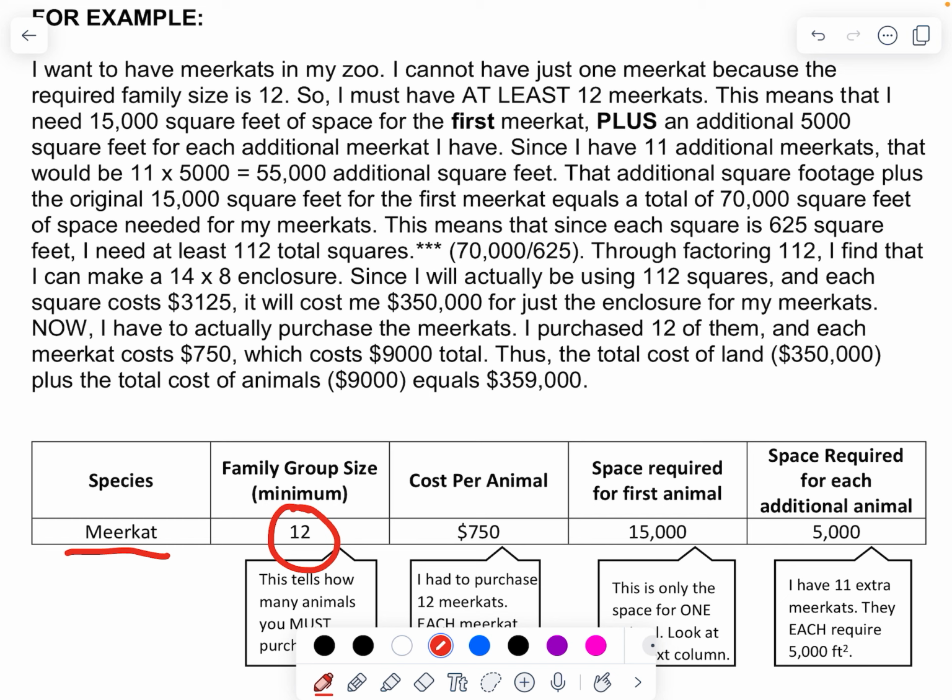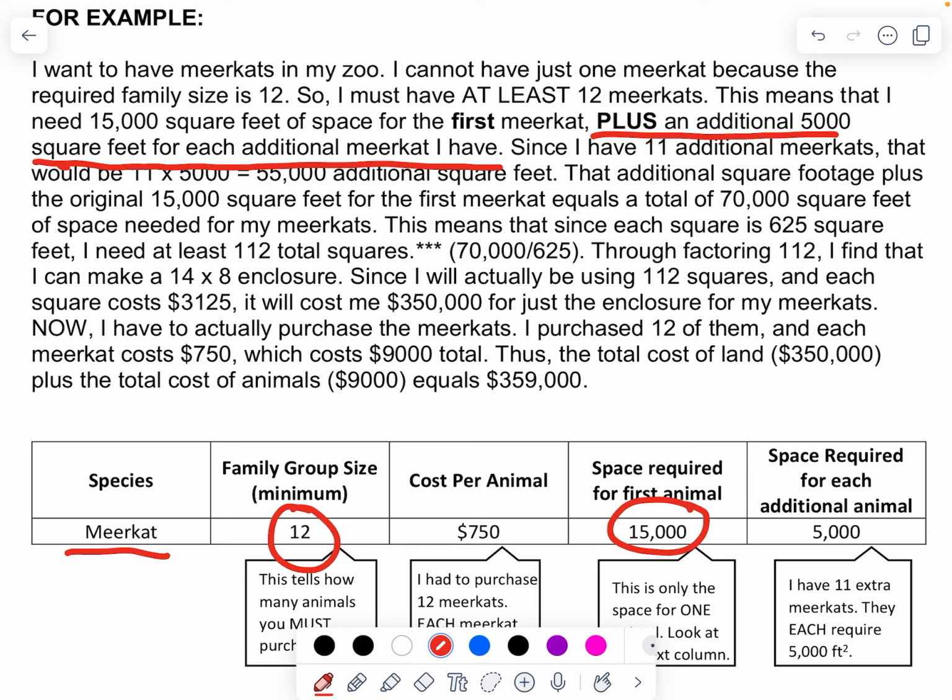So I must have at least 12 meerkats. This means that I need 15,000 square feet of space for the first meerkat, plus an additional 5,000 square feet for each additional meerkat I have. So you see it says space required for first animal.